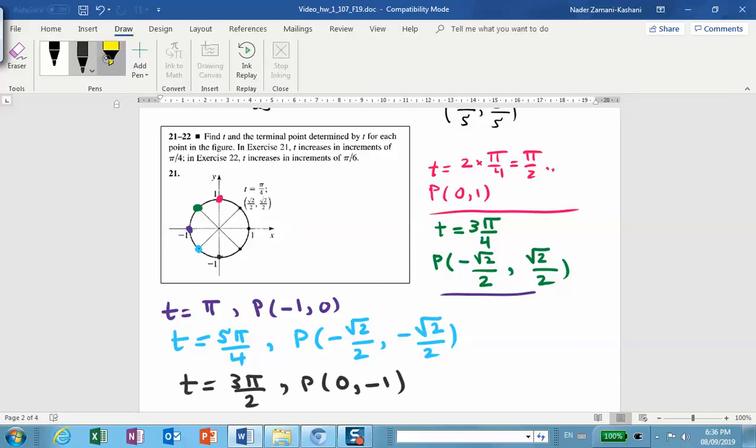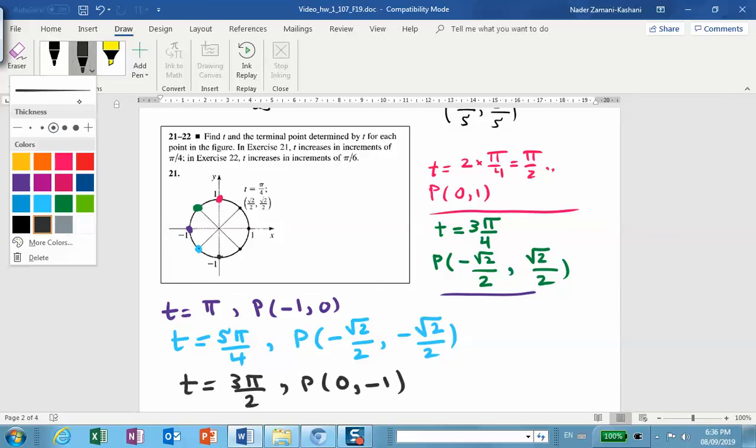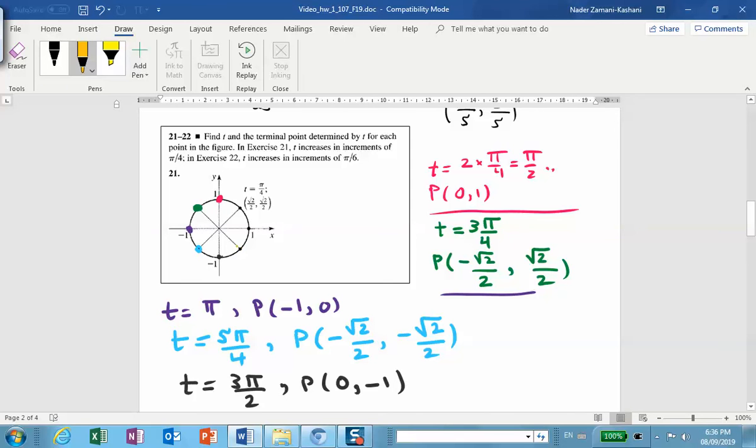Let's do another one. How about this orange? Okay, and here t is, you can look at it as 2 pi minus pi over 4, or if you count in sectors of pi over 4, 1, 2, 3, 4, 5, 6, 7 pi over 4.